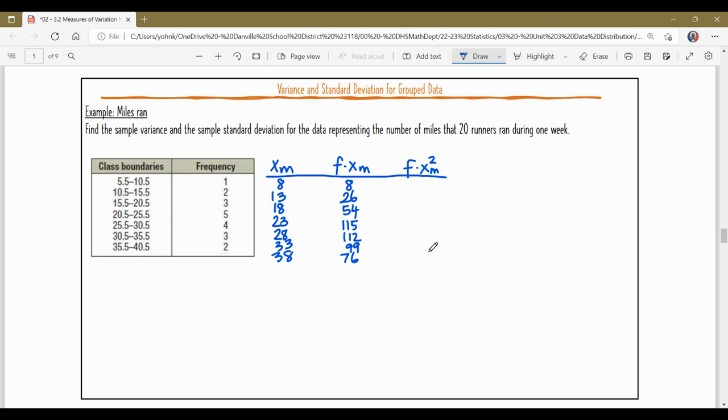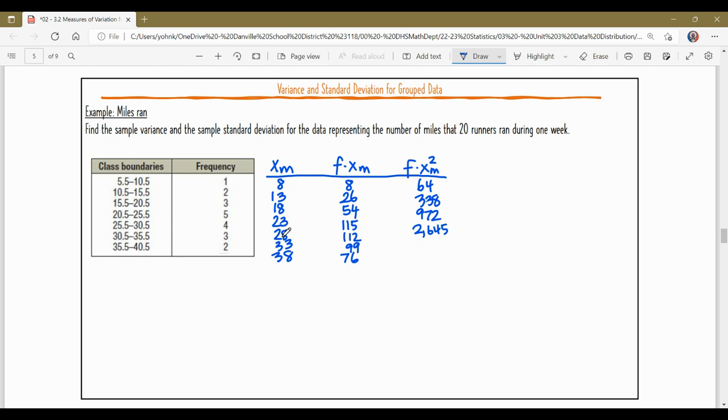My last column here says to take my frequency and multiply it by my midpoint squared. So 1 times 8 squared is 64. And 2 times 13 squared is 338. And 3 times 18 squared is 972. And 5 times 23 squared is 2,645.